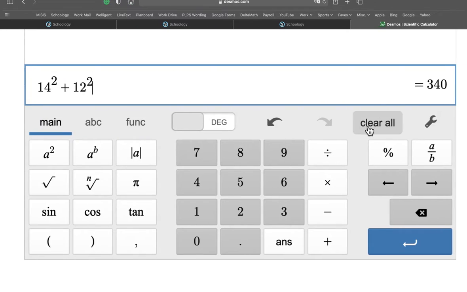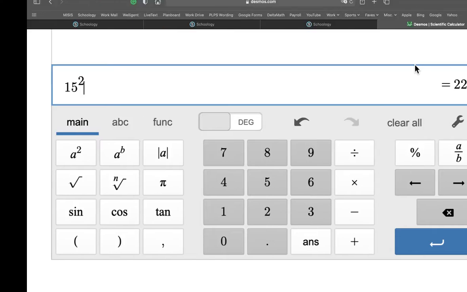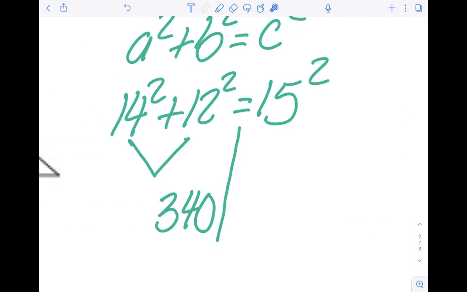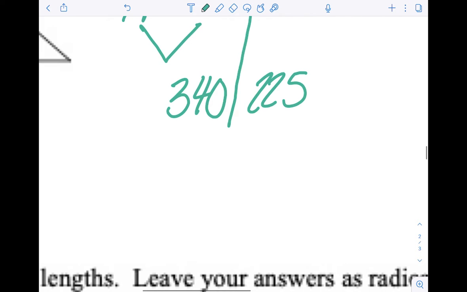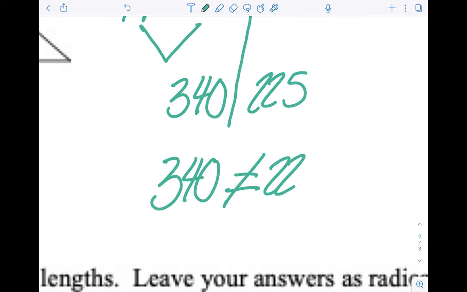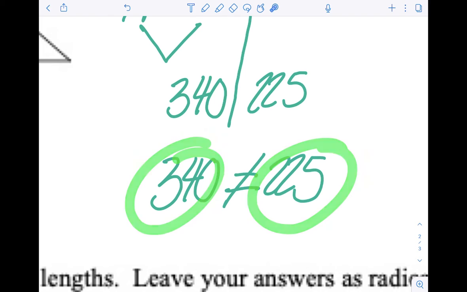So let's do 15 squared. 15 squared is 225. So that means that 340 is not equal to 225. That's obvious, right? This number is bigger than this number.